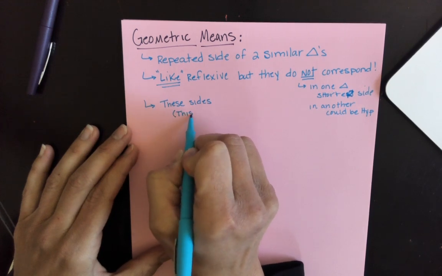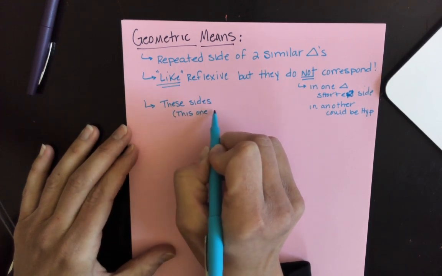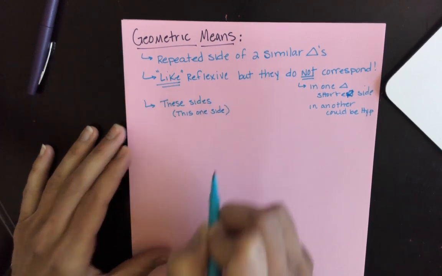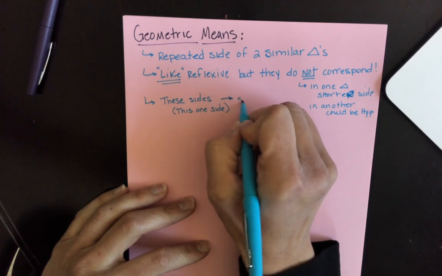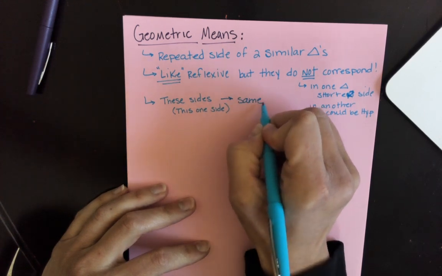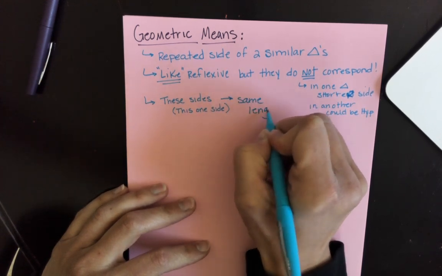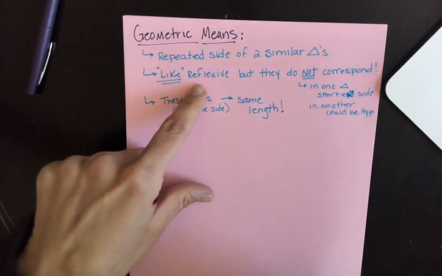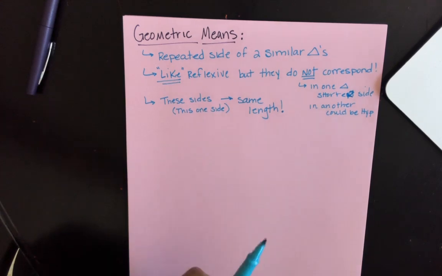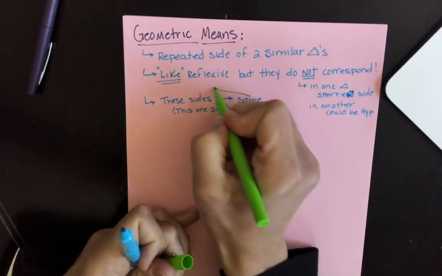So these sides, or this one side, depending upon how you're looking at it, same length. So that's how it's alike. That's how it's like reflexive, in that it's the same length.